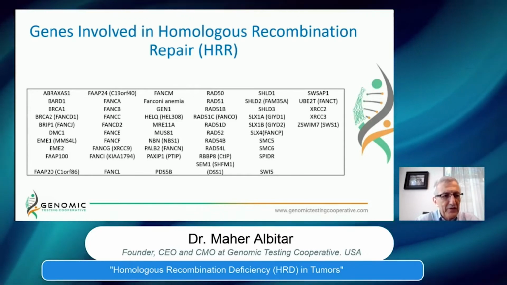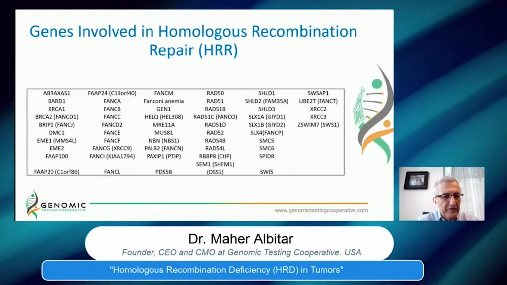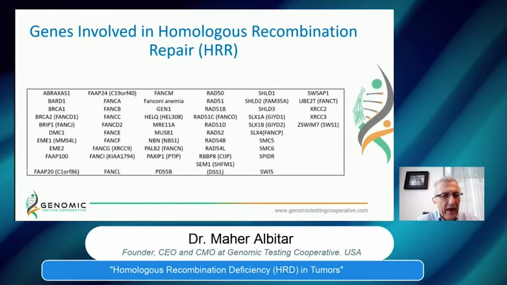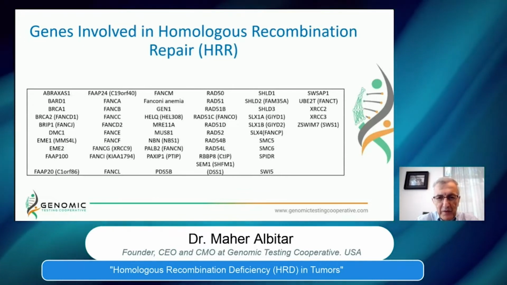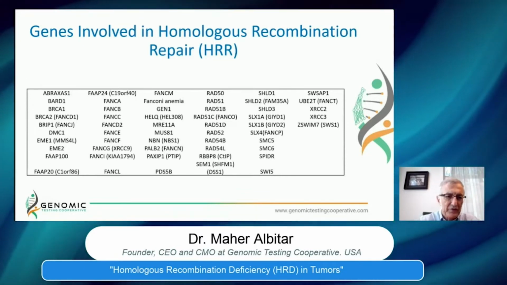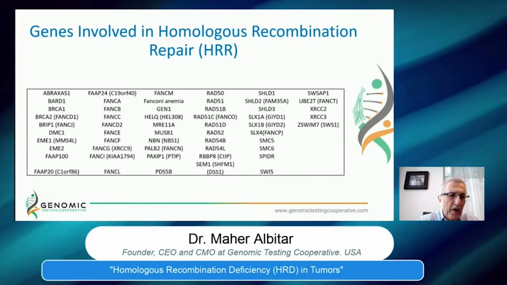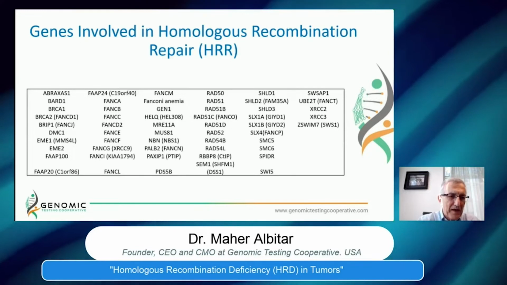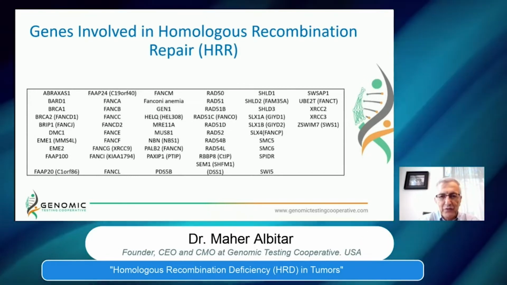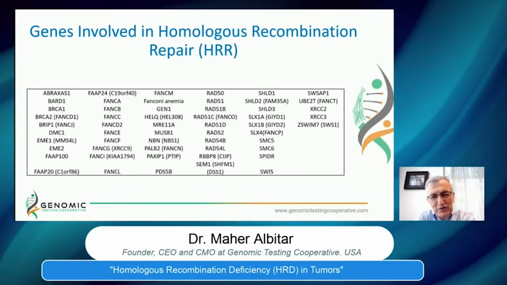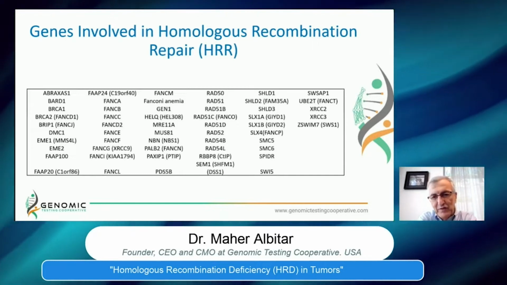And of course, you get BRCA1 and BRCA2, which are involved in breast cancers. The list here is very big, but the most common genes involved are BRCA1, BRCA2, BRIP1, and you get the RAD50, RAD51s. These are the most commonly mutated genes in this process.